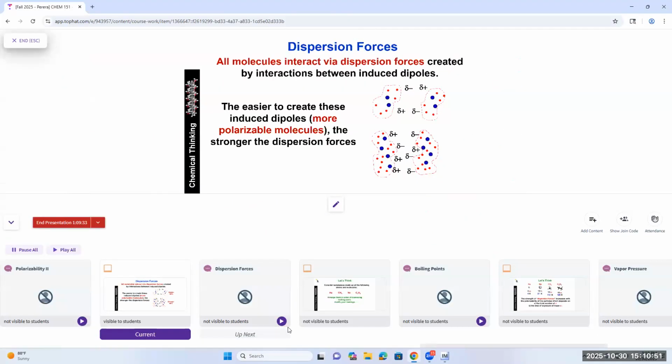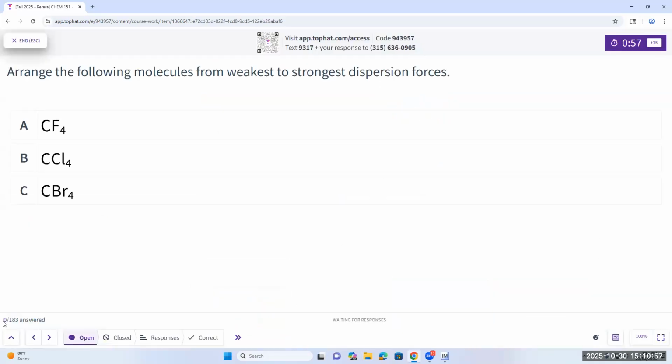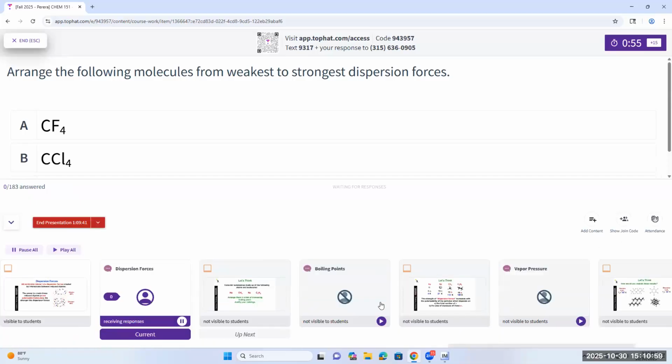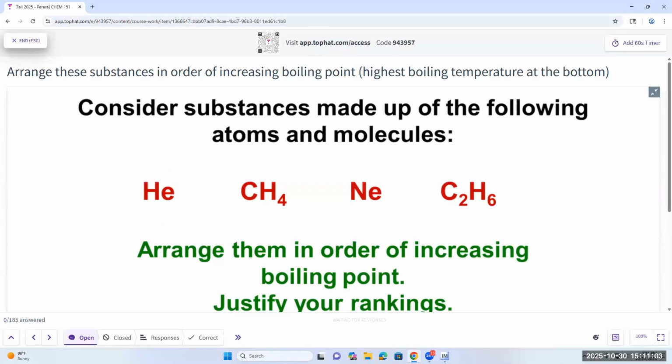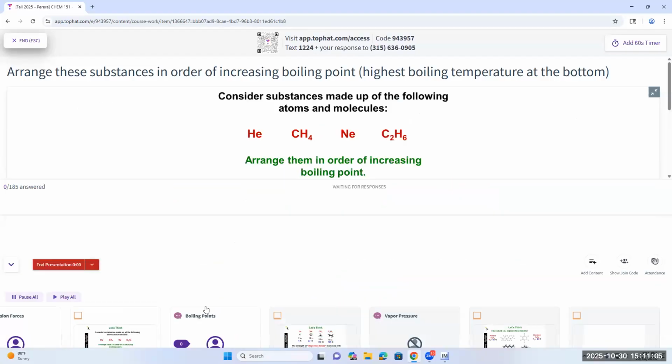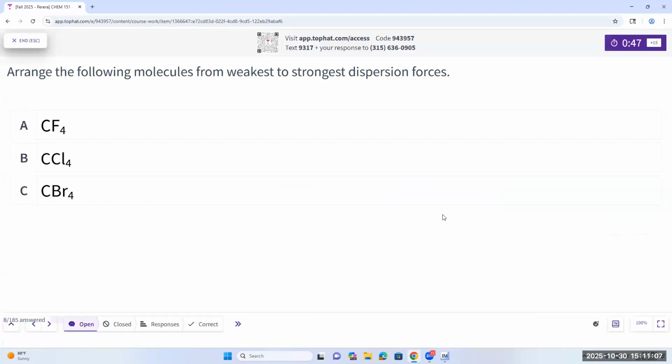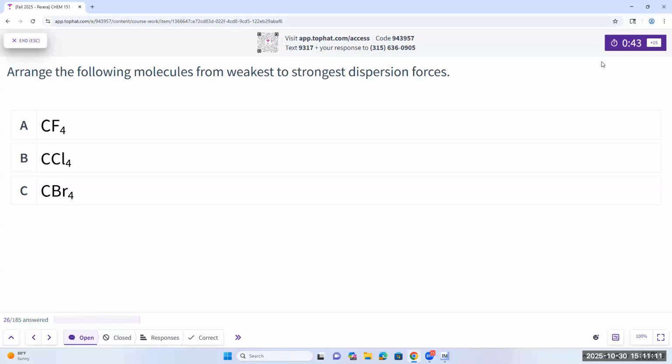Now, keeping that in mind, can we try these last two questions for today? I'm going to open this. This has to do with the same thing. Let's try this first.